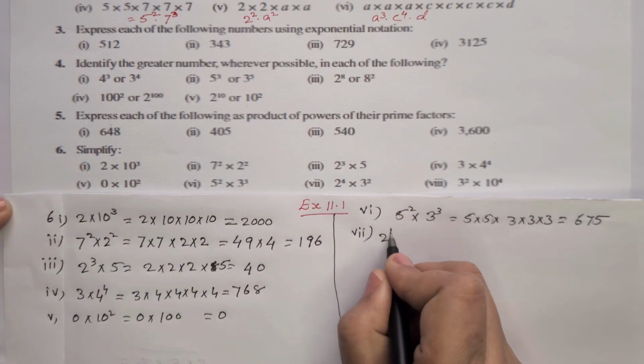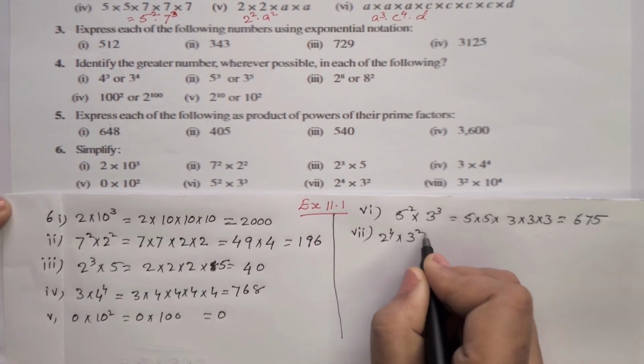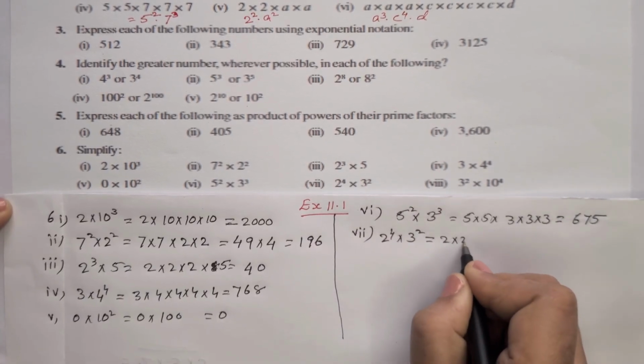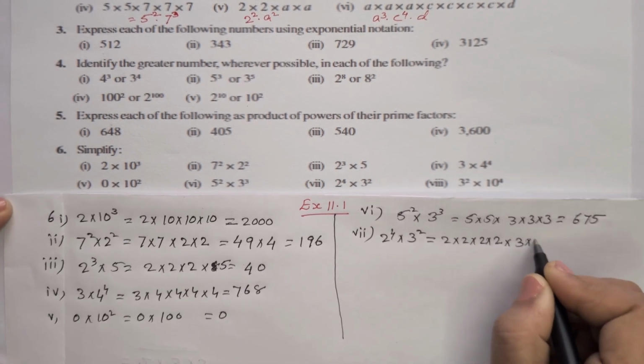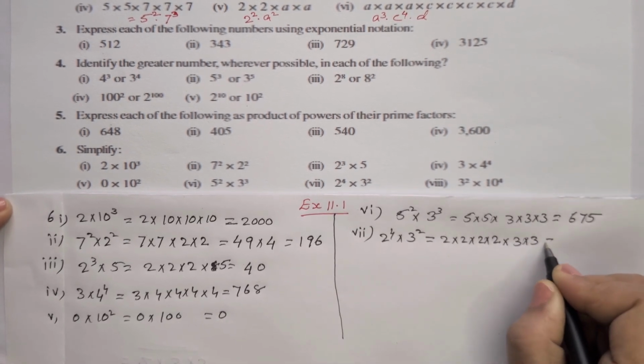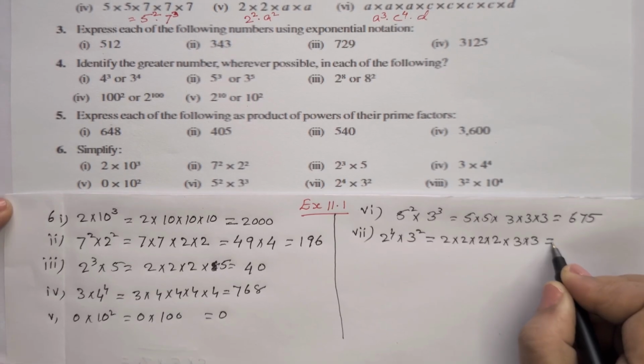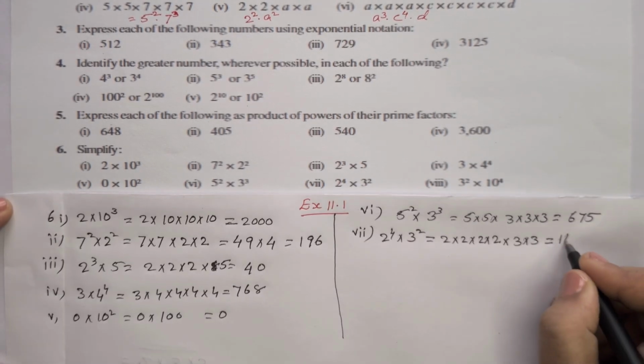Seventh one, 2 raised to 4 into 3 square. 2 four times into 3 two times. That means 2 raised to 4 into 3 square is equal to 144.